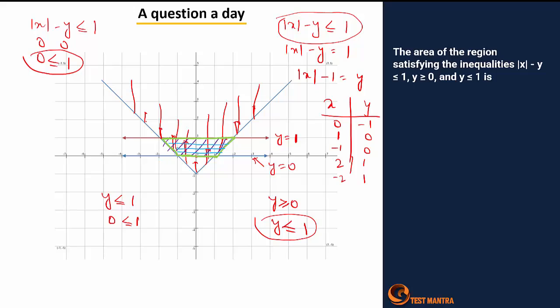This bounded area is a trapezium, of this kind. This length will be 4. As you can identify in the graph, this is 2 units and this is 2 units.